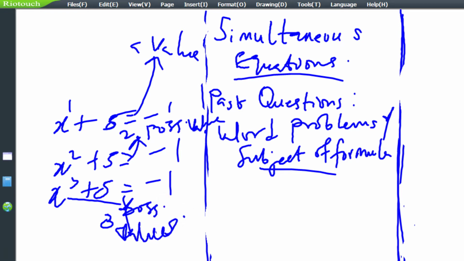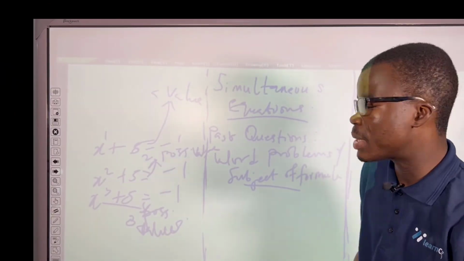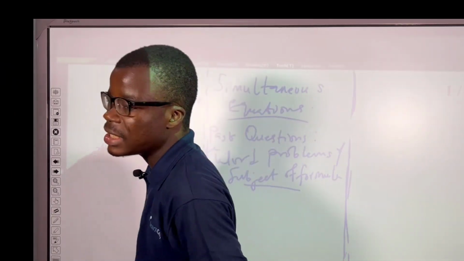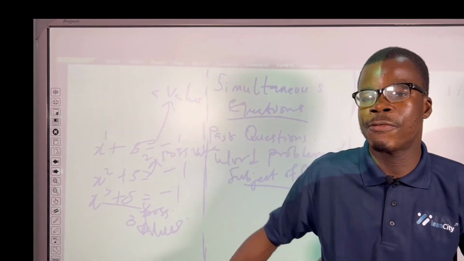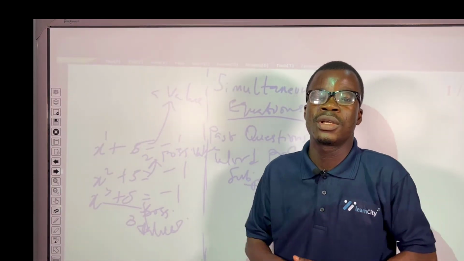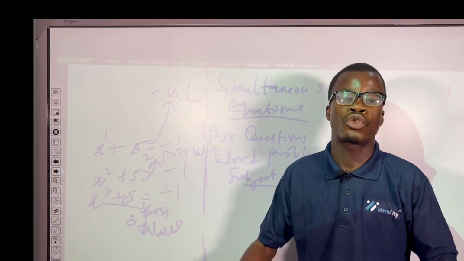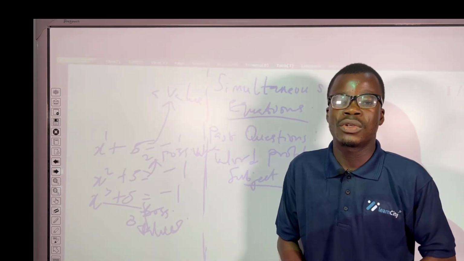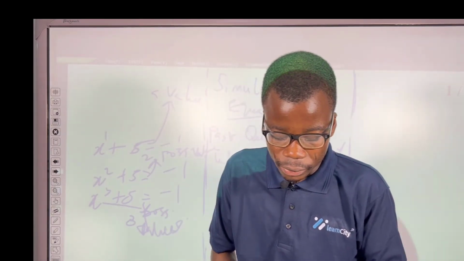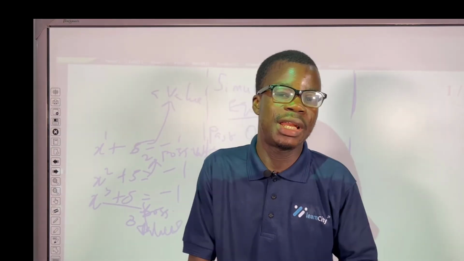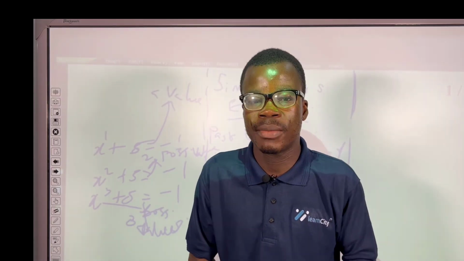But when I'm talking about simultaneous equation, it is a bit different in that mostly it has to do with 2 to 3 or 4 equations, a minimum of 2 equations with a minimum of 2 variables for you to find. So this could be solved either through substitution method, elimination method, or through graphical method.